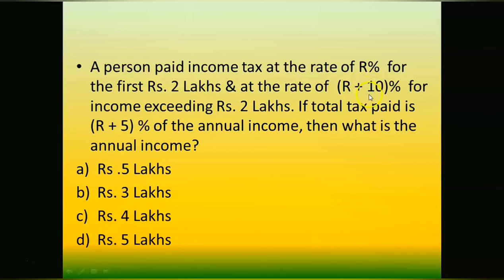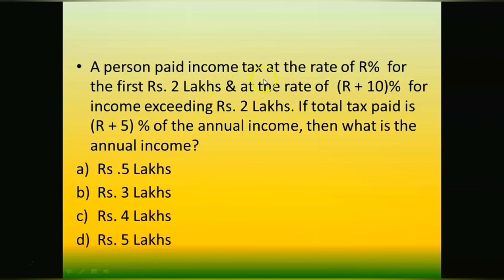R plus 10%. This tax is paid. And the total tax comes out to be equal to R plus 5% of the annual income. That means it is R plus 5% of X, because we have taken the annual income to be equal to x, and we want to find out what is this x.